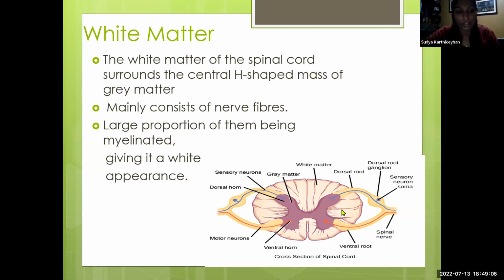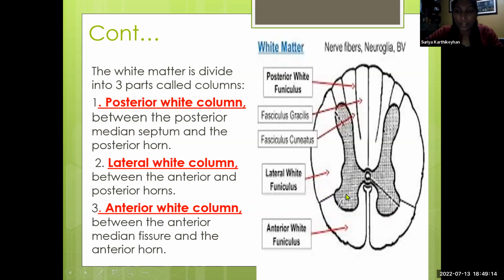Moving on to the next slide. Once again, gray matter is divided into anterior horn, lateral horn, and posterior horn. In the same way, the white matter is divided into 3 funiculi, 3 white columns: the posterior funiculus, lateral funiculus, and anterior white funiculus.